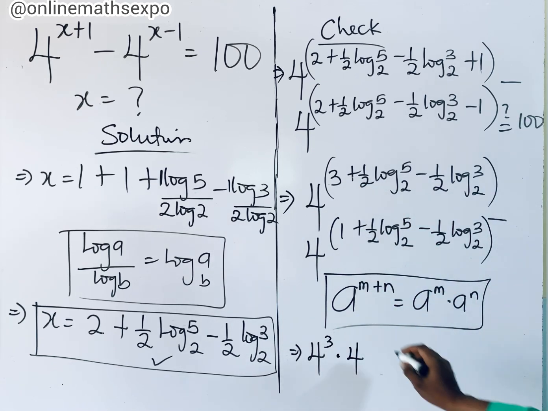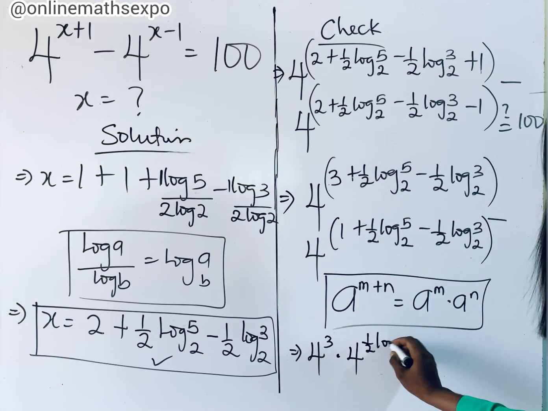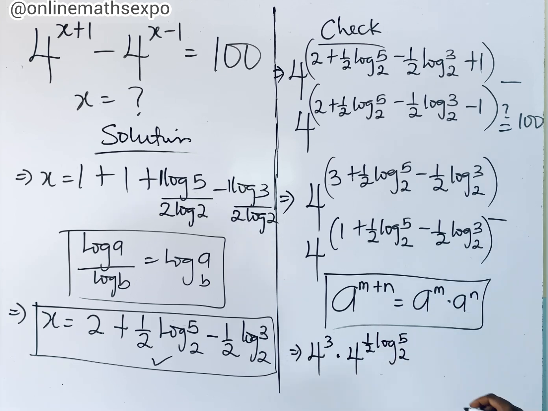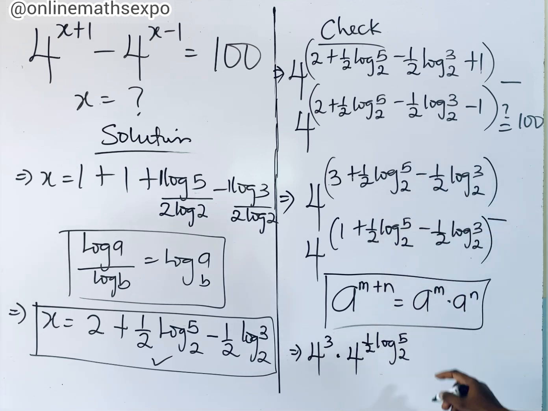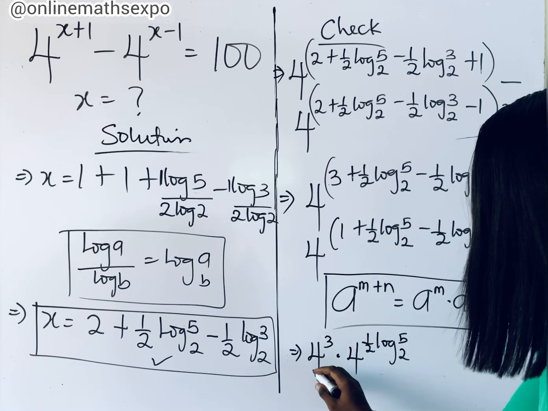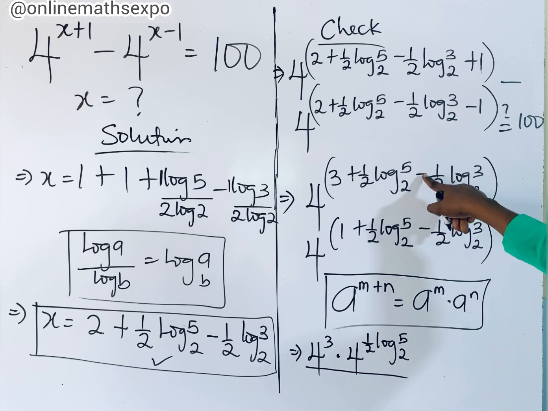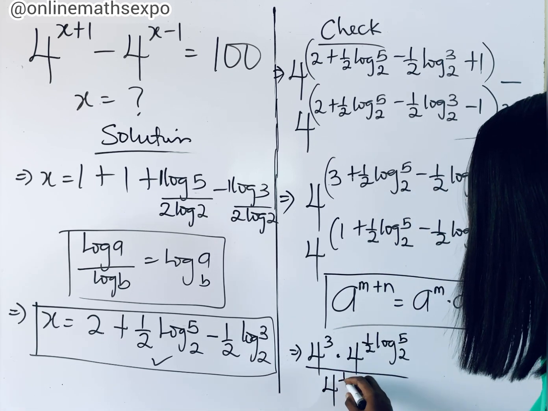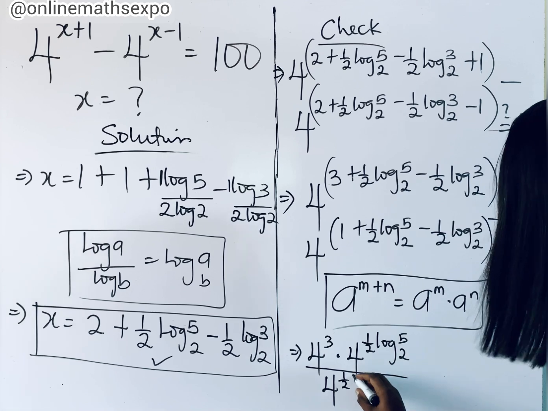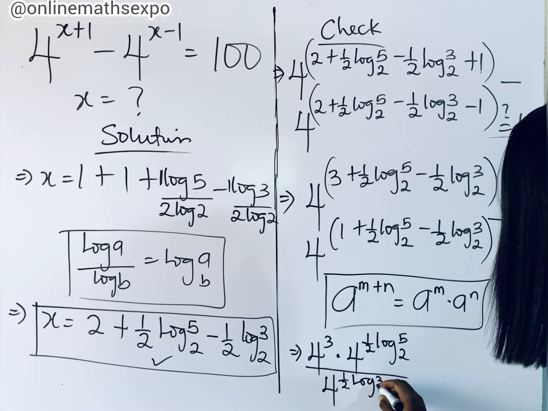I hope you are seeing what we are doing. Then we have 4 to the power of half log 5 base 2. For this subtraction, remember what we said, subtraction turns to division. So we are dividing by 4 to the power of half log 3 base 2.